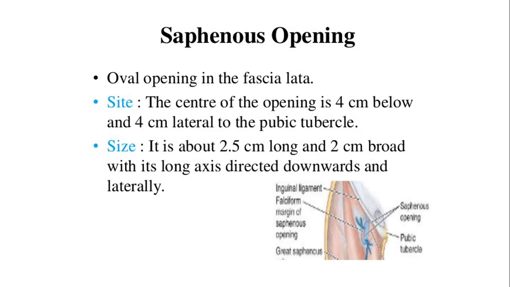When you have to palpate it, first you palpate the pubic tubercle. Here is the pubic tubercle, and you go 4 centimeters down and 4 centimeters lateral. There you will find the saphenous opening.